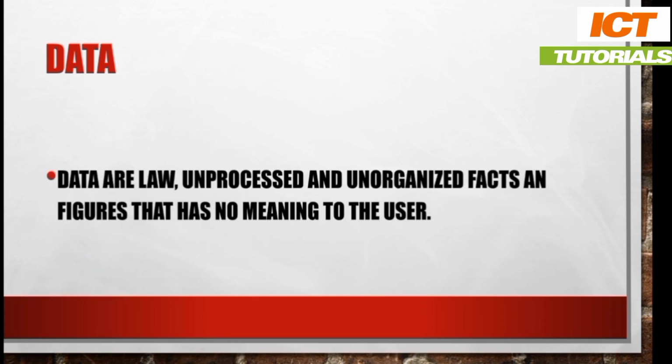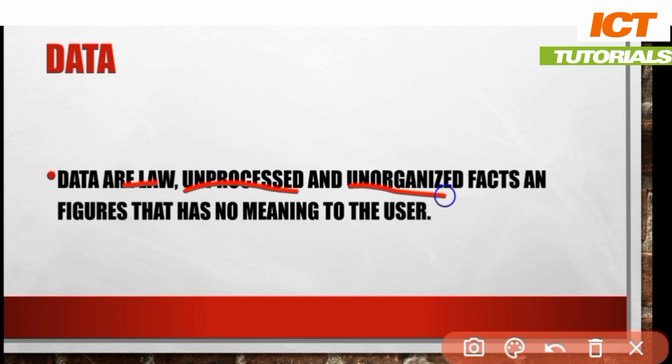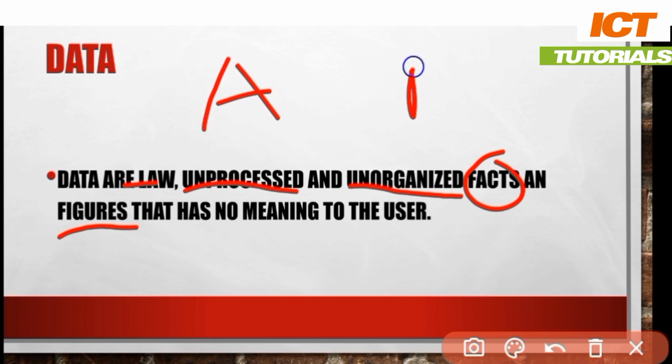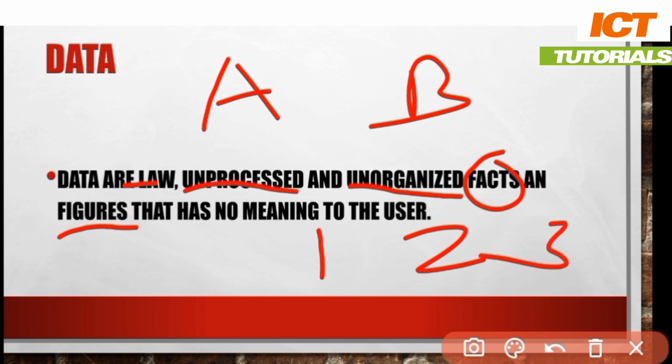So what is data? Data are raw, unprocessed and unorganized facts and figures. You look at the facts and figures that have no meaning. Example, A, P, these are figures, or 1, 2, 3. They have no meaning to the user.